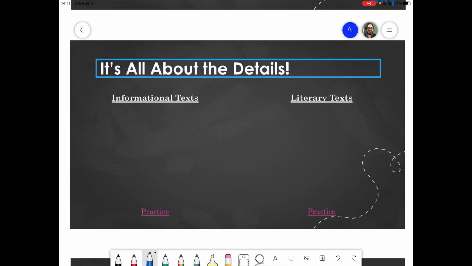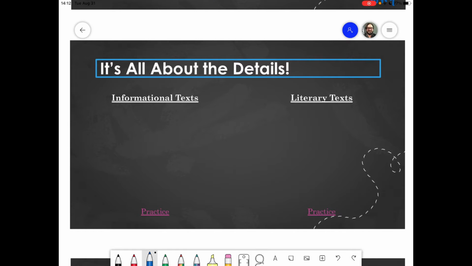For our purposes, we are typically going to be looking at one of 2 types of text. These texts are known as informational texts and literary texts. So as we look through these, we are going to try to identify what are known as explicit details.